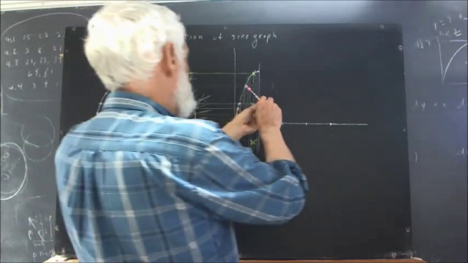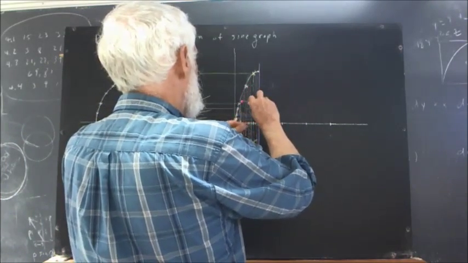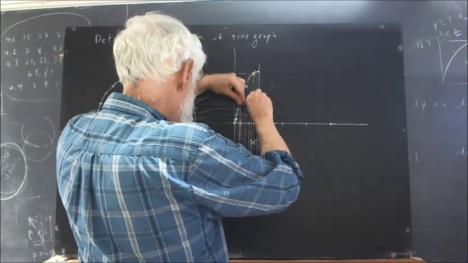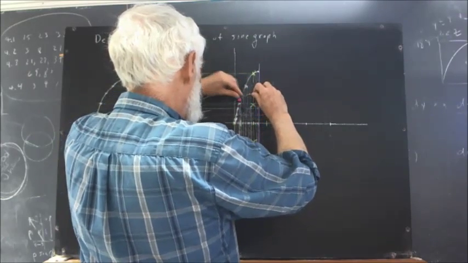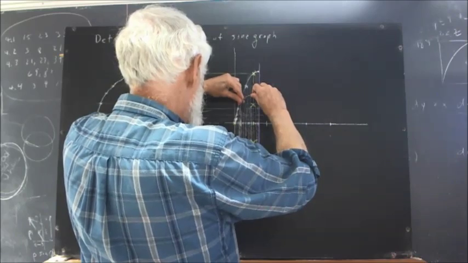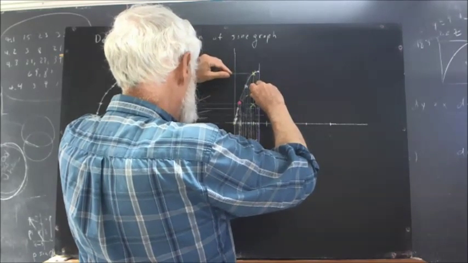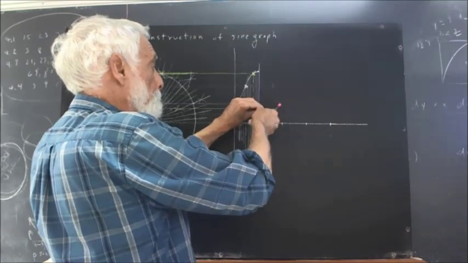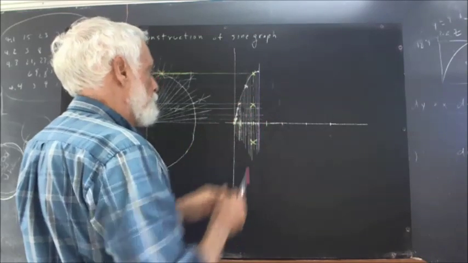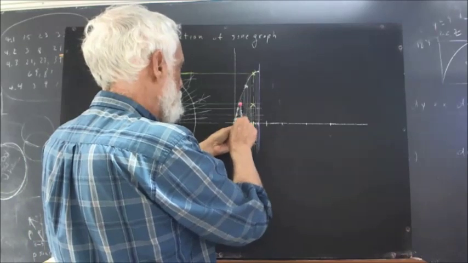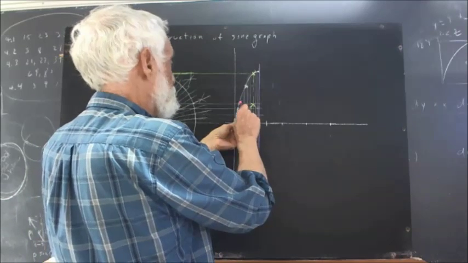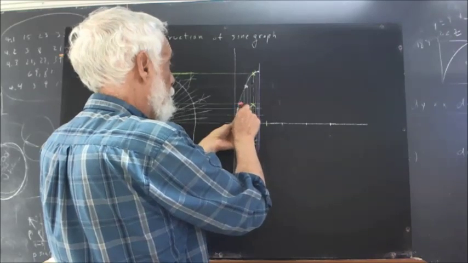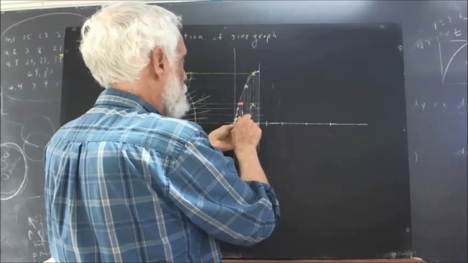We can come to this point, mark this distance, make sure we've got it right, and then mark the same distance on the other side, and then simply mark this distance, which is pretty close to the same distance, but a little less.